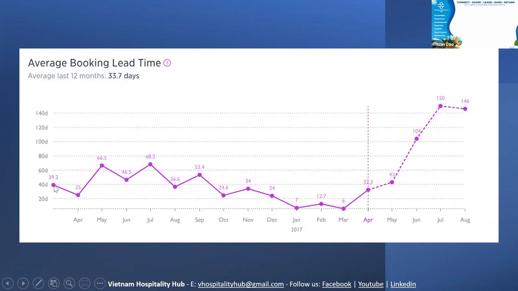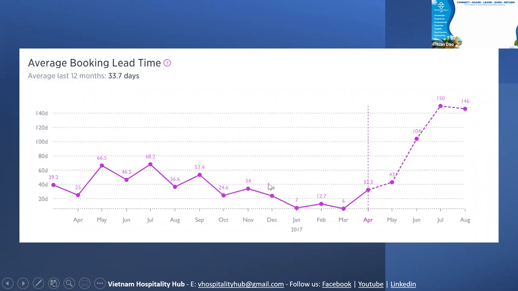And see here, this is the average for this month. For example, April is an average of 25 days in advance, and another month an average of 66 days in advance. So every month has a different average booking lead time. Why do you need to know this?